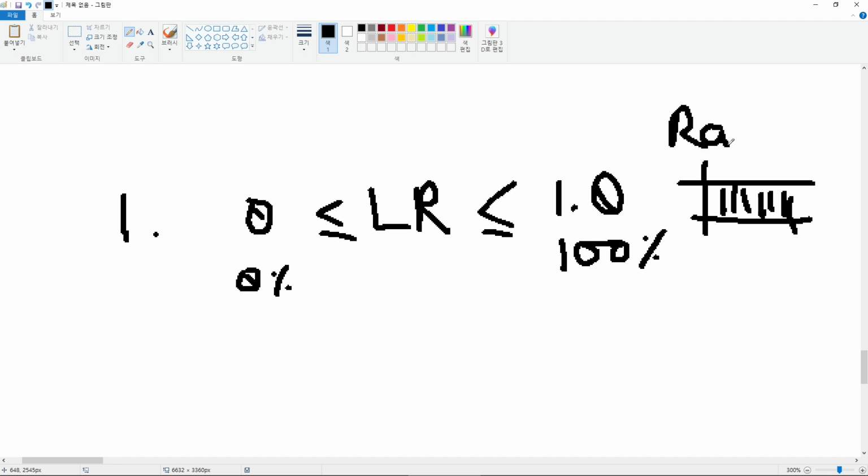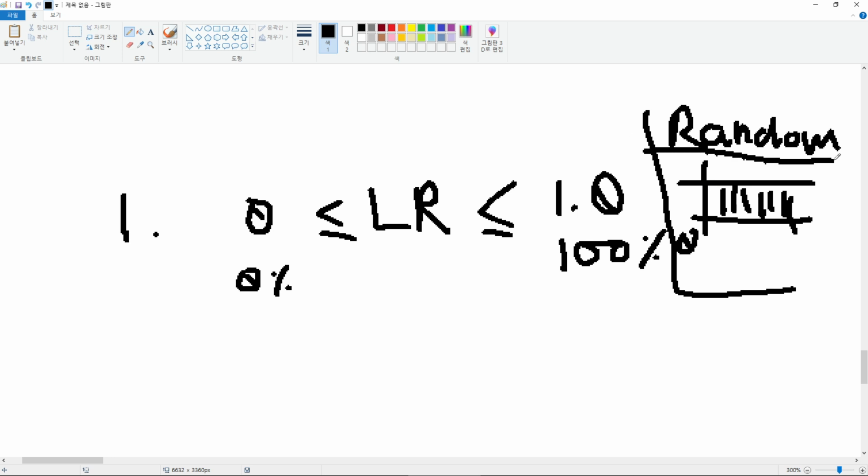And because it would be using a uniform distribution, it's ultimately just a random learn rate, a learn rate that is sampled from a distribution that is uniform, which ultimately could be called a random distribution.